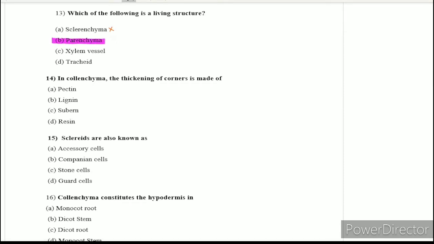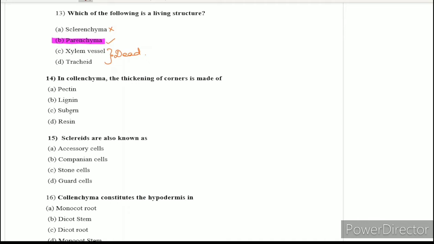Parenchyma are living tissues. As we already know, xylem vessels and tracheids are dead tissues. So the correct answer for this question is option B, parenchyma.